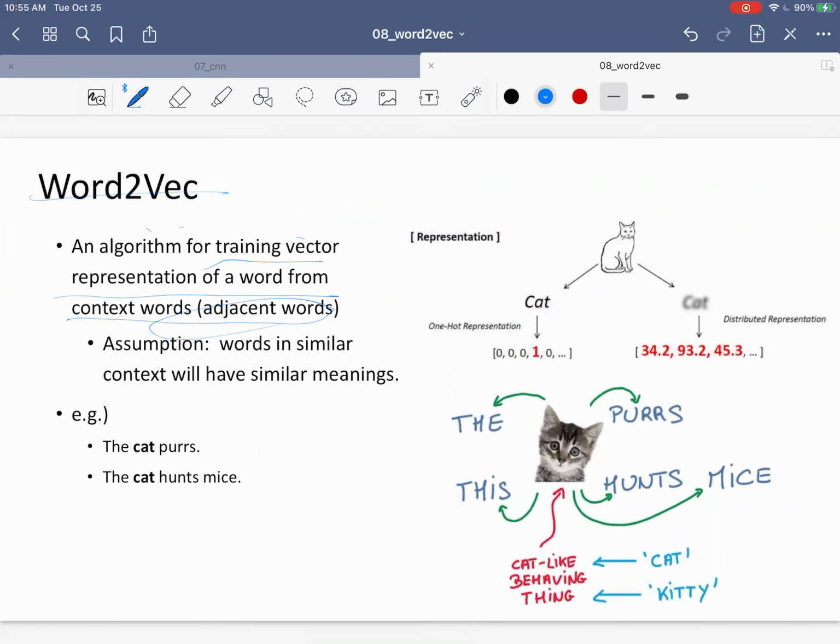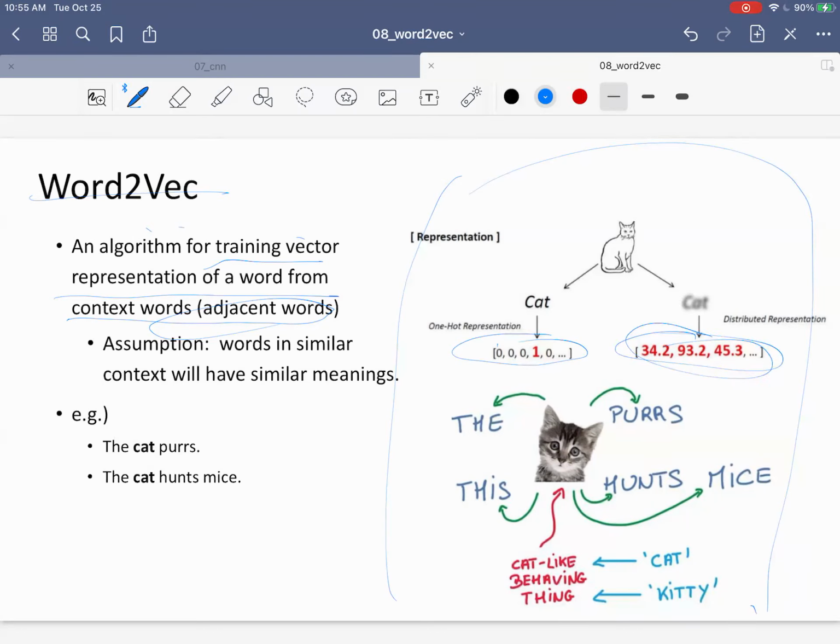So the good thing about having a continuous representation as opposed to one-hot representation is depicted right here. If you want to describe a cat in a vector form using a one-hot vector, then this is a typical example. But if you have a continuous representation, you have this. So what are the pros and cons of having this kind of representation of a cat?